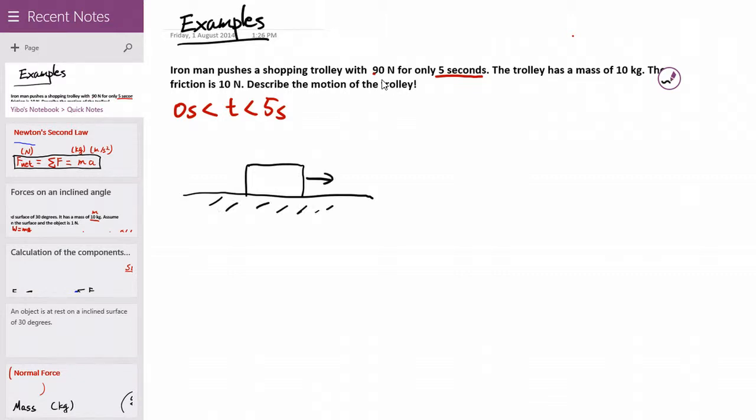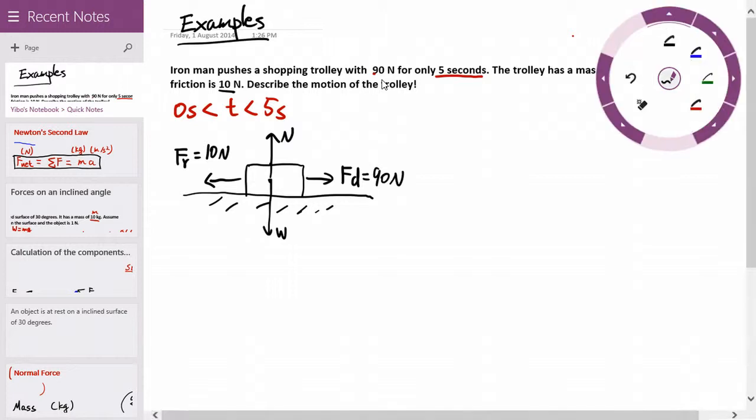We have a driving force of 90 newtons, and a friction of 10 newtons. The weight force goes down, and we have a normal force going up. The trolley only moves horizontally, so the weight force is the same as the normal force. So the trolley won't fly this time. And also let's label the net force.